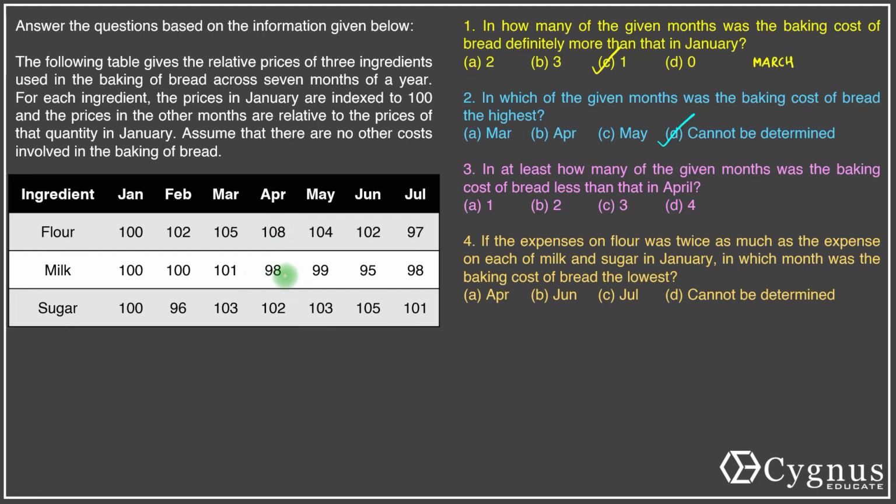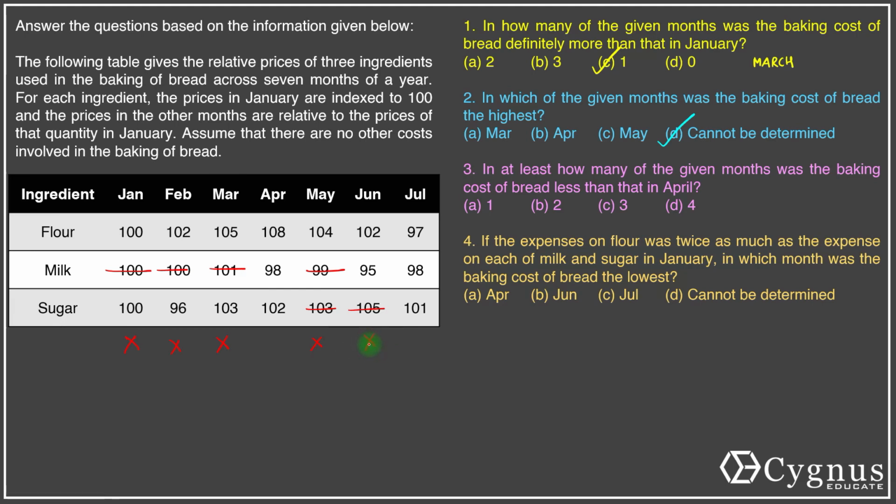Based on milk, we can straight away strike off January, February, March, and May. Based on sugar, I can also take off May and June again. That means January, February, March, May, June definitely have a chance of having a higher price than April.